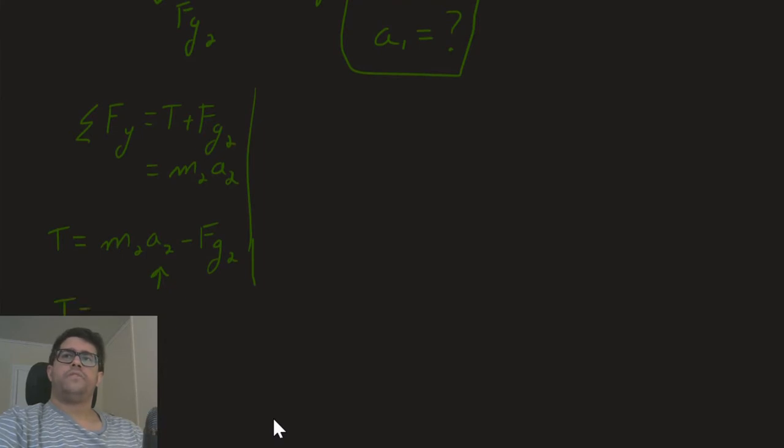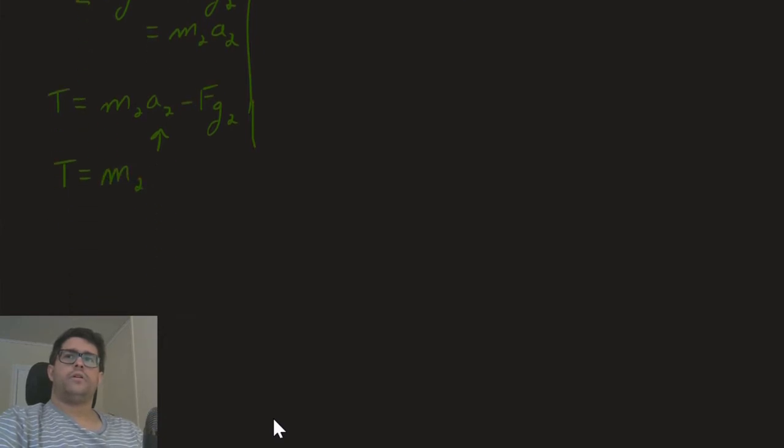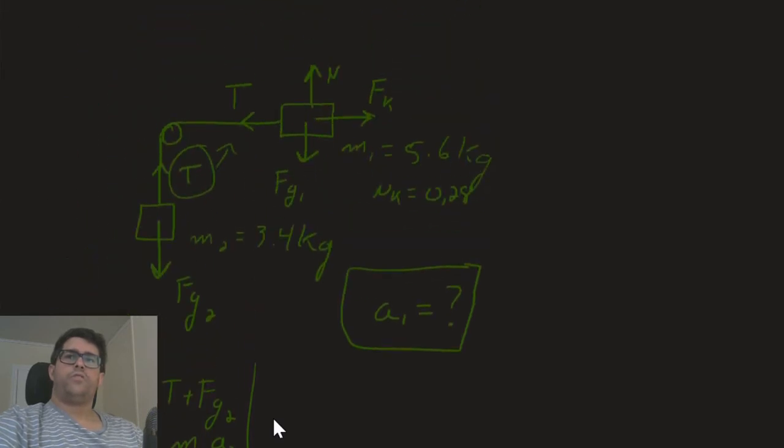Let's keep working on this for a minute, because this is going to be useful. We're going to need this. So first things first, M2. So A2, I want to talk about A1. So in terms of A1, A2 is equal to what in terms of A1? Is A2 equal to A1? Right, so A2 is the acceleration here.